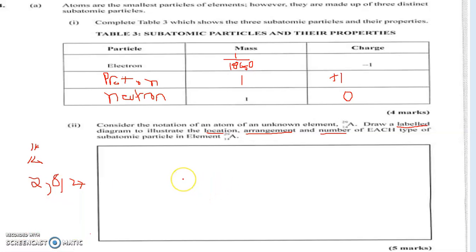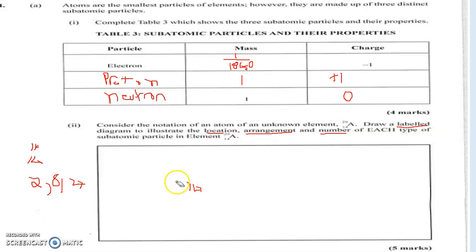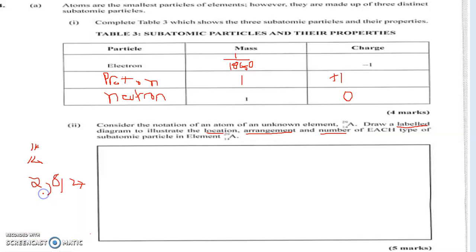We said our nucleus consists of protons and neutrons, so we have 14 protons.